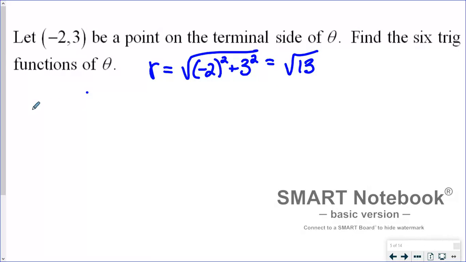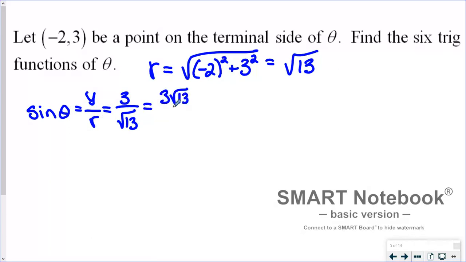Now we know that sine of theta is equal to y over r. In this case, this would be 3 over the square root of 13, which we have to rationalize. If we multiply top and bottom by the square root of 13, you get 3 root 13 over 13. Of course we can then just use the reciprocal here. You can take the reciprocal of this, but then you'll have to rationalize again.